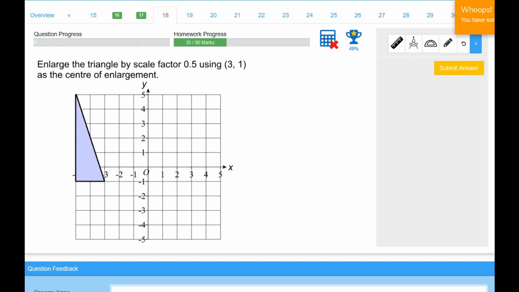Question 18. Enlarge this triangle by scale factor 0.5 using (3, 1) as the center of enlargement. That looks kind of complicated, but we start off as before. We draw first of all (3, 1) to give me a feel for my center of enlargement.